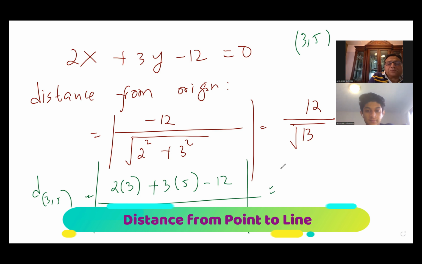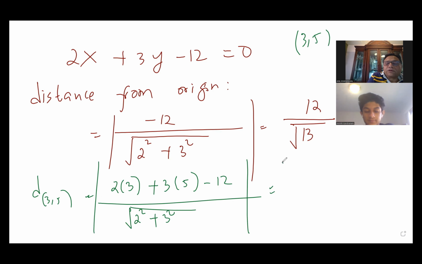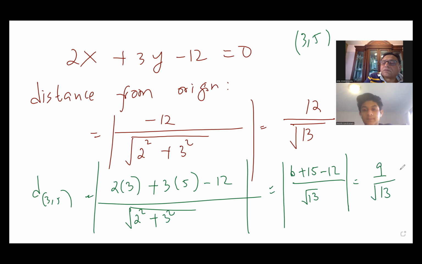Absolute value, it has to be positive, right? So again, you can do the calculation: 6 plus 15 minus 12 is 9, over square root of 13. So you can easily find the distance of a point from the line using this particular formula. Is that clear? Yes, sir.